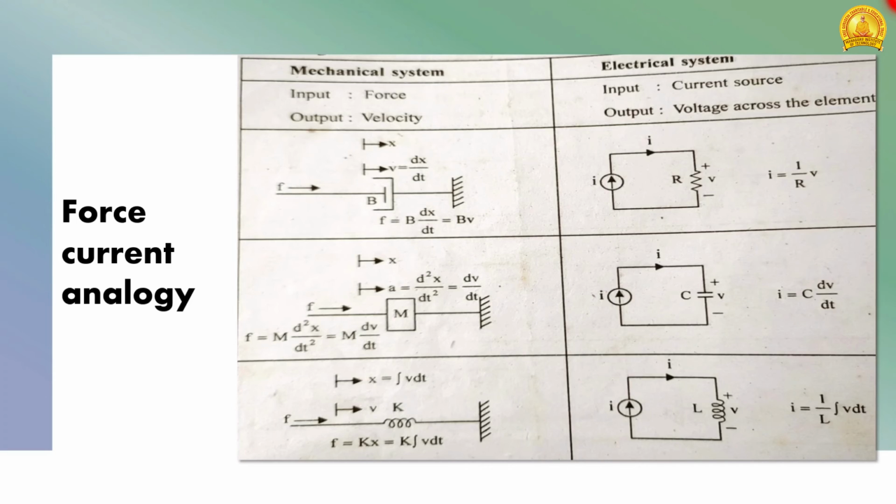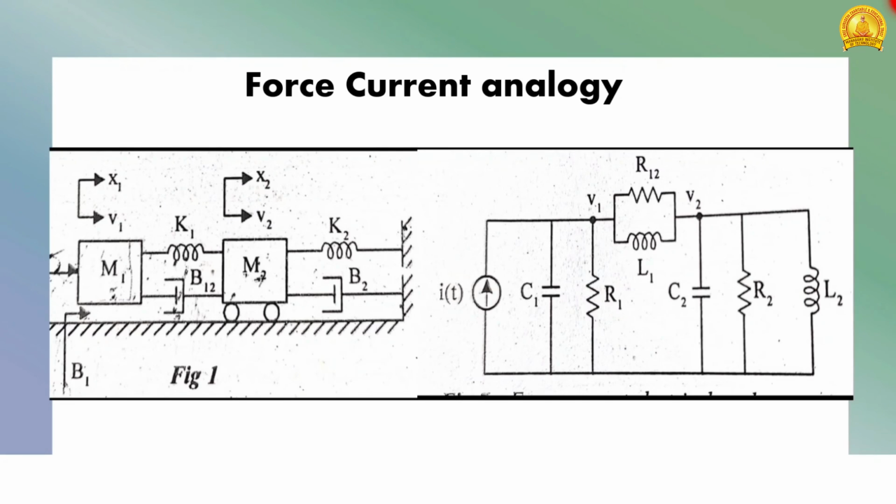In order to draw the force current analogy, you have to know some more basic ideas. The first thing is that the number of nodes in the electrical system should be equal to the number of nodes in the mechanical system. As shown in the figure, we have two nodes in the mechanical system, that is M1 and M2.